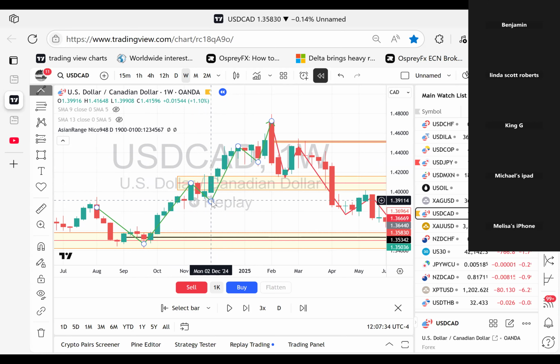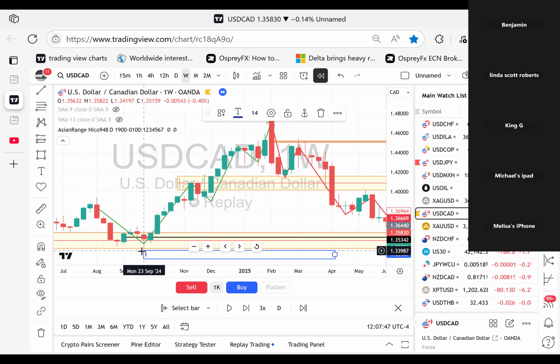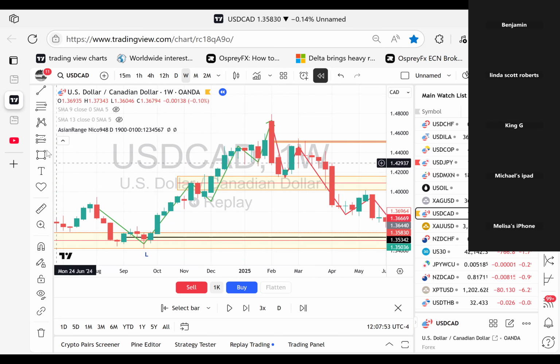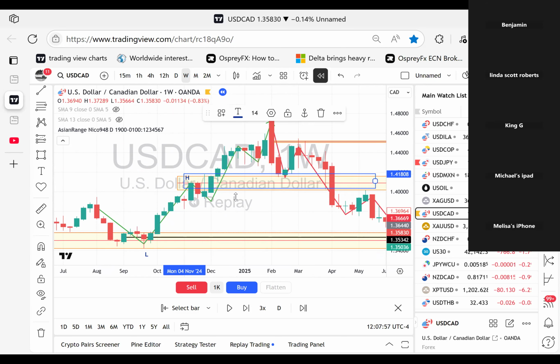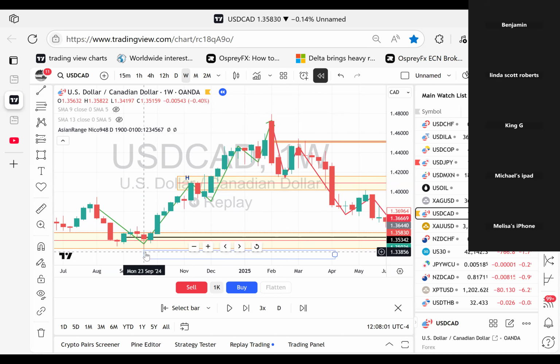But here's a better way to look at it. If you're just looking at one time frame, every move, you're going to say this is a low, and this would be a high. That's your swing high and that's your swing low for all intents and purposes.